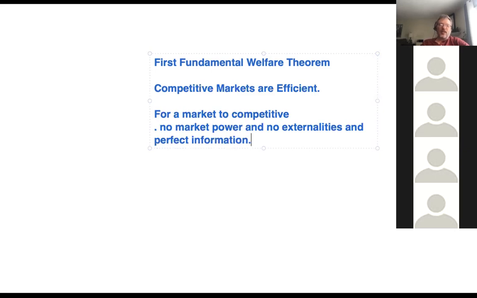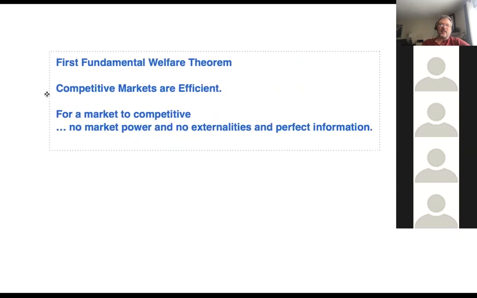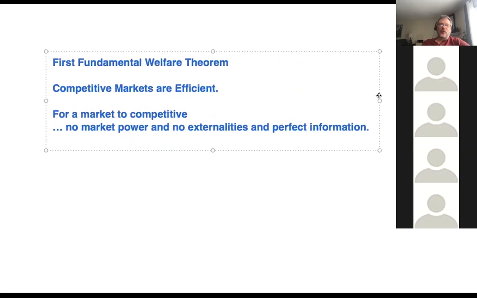The perfect information one, we don't talk about a lot, but I told you guys before that a lot of people misunderstand perfect information and think that it means that firms and consumers have to know everything. There could be no uncertainty at all. Generally the results for perfect information hold up as long as there's symmetric information, meaning that nobody can trick somebody else.